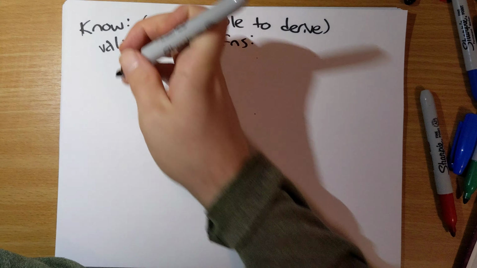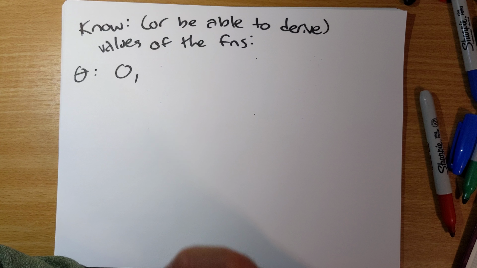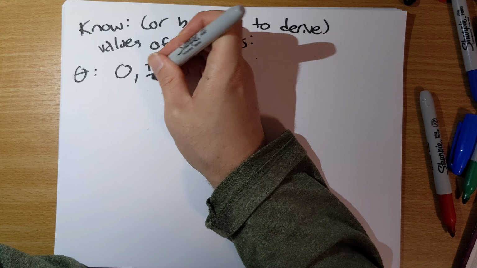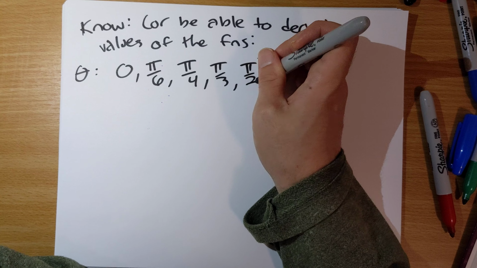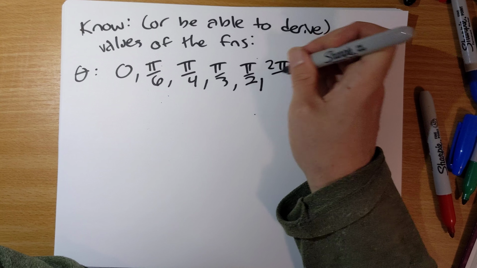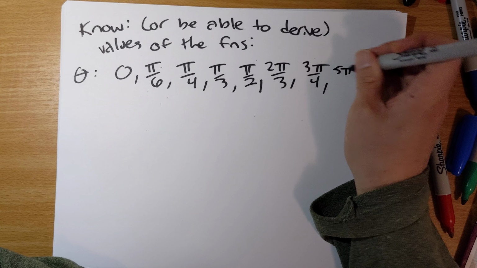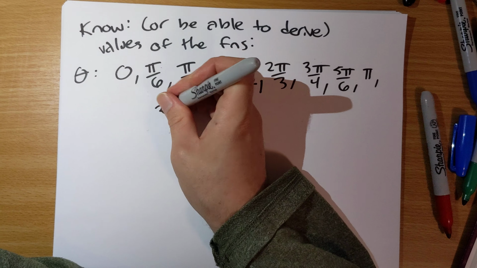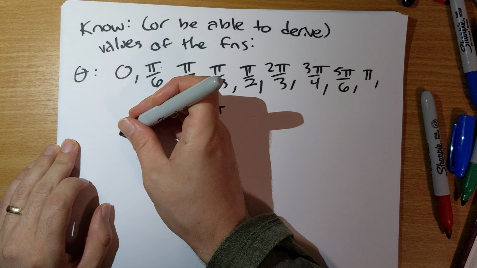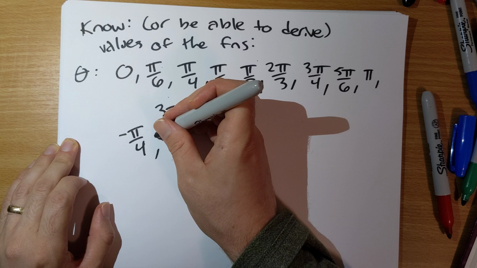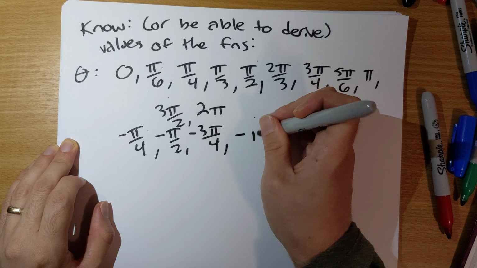I would say at the minimum you should know these at theta equal to 0, pi over 6, pi over 4, pi over 3, pi over 2, 2 pi over 3, 3 pi over 4, 5 pi over 6, pi, 3 pi over 2, and 2 pi. And also maybe some negatives as well: negative pi over 4, negative pi over 2, negative 3 pi over 4, and negative pi.